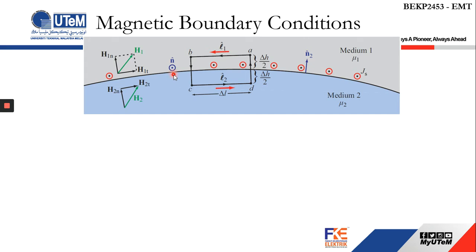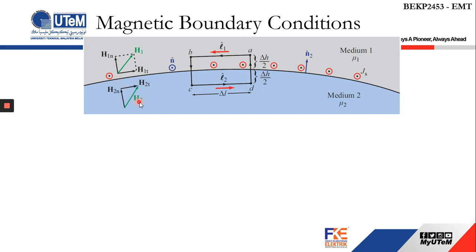Okay, next we need to know that a magnetic field, let's say H1 and H2 represented by this green vector, we can separate into its own components: the component that is tangential to the boundary, parallel to the boundary, or normal to the boundary. So normal is 90 degrees with respect to the boundary.